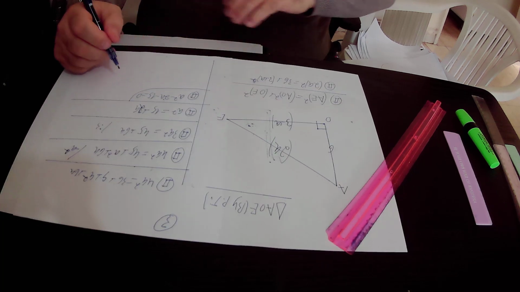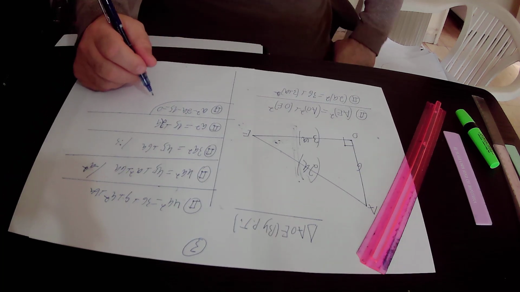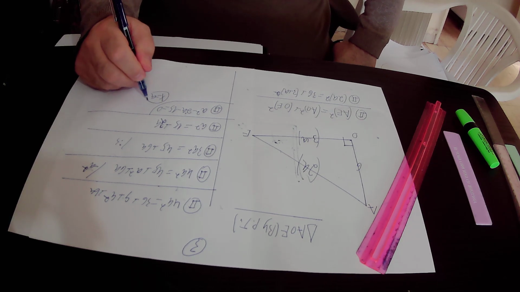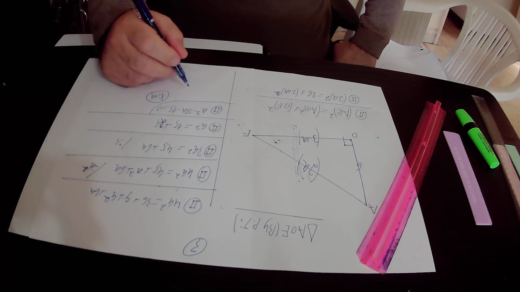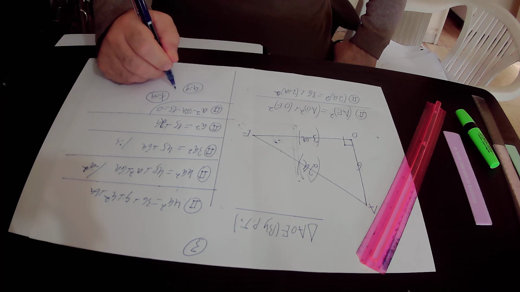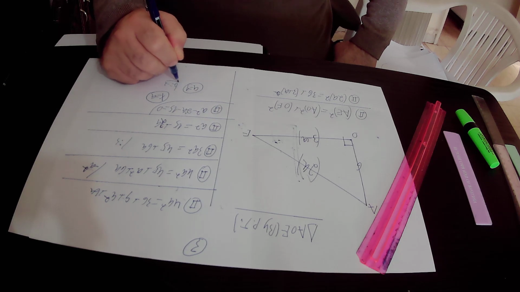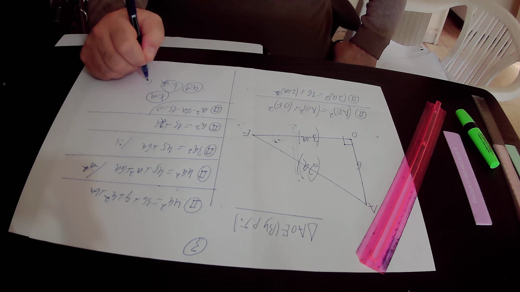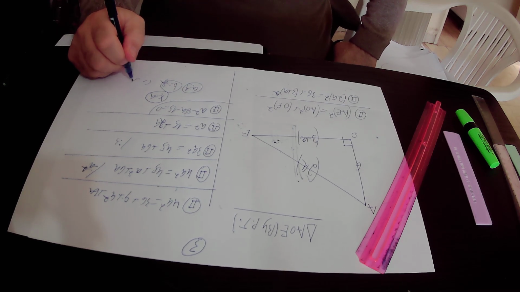The variable that we are looking for in this quadratic equation is A. So x equals A. The coefficient a in this quadratic equation is 1. The coefficient b is minus 2. And the coefficient c in this quadratic equation is minus 15.